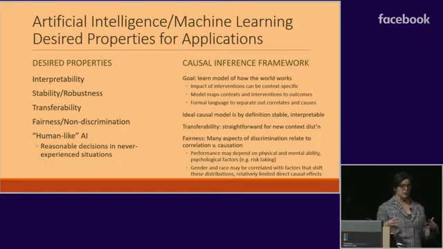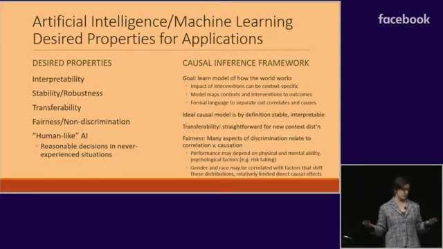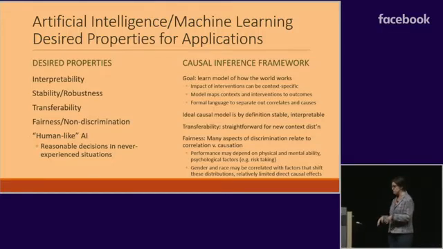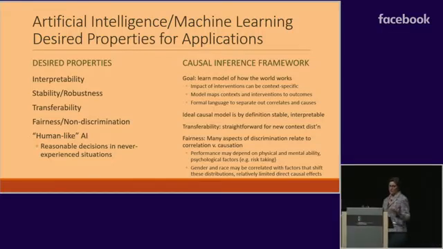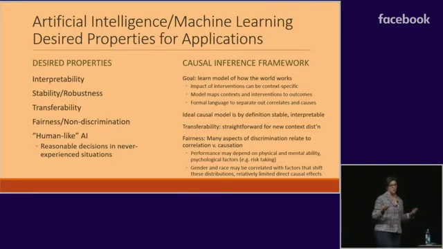Transferability, well, in principle, if I understand the impact of a treatment and I understand how the context changes the interaction of the treatment, then I can transfer it to any new environment. And again, with fairness, many aspects of discrimination relate very closely to correlation versus causation. And the fact that we're doing statistical discrimination as Bayesian human beings, we're all Bayesian, right?